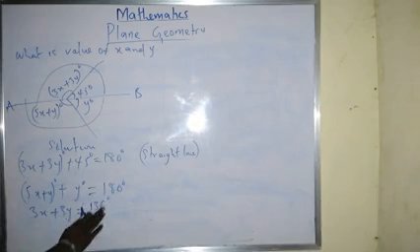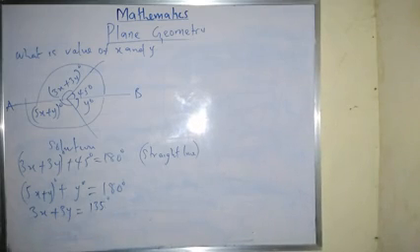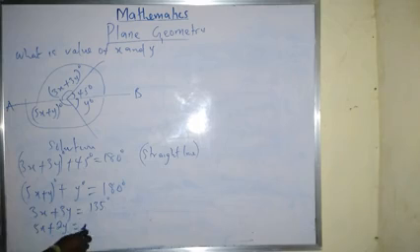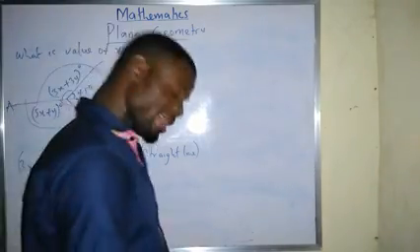And also, I will have 5x plus 2y equals 180 degrees. By so doing, I will solve it using simultaneous equations.